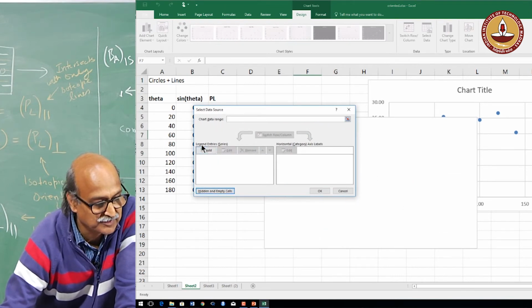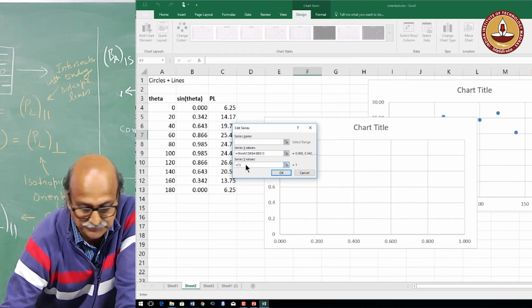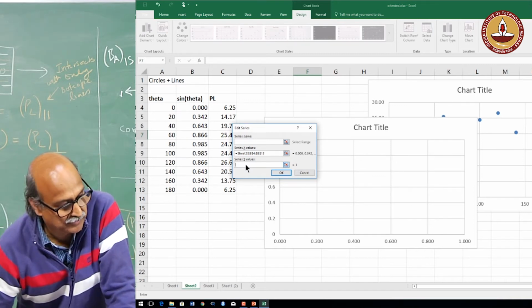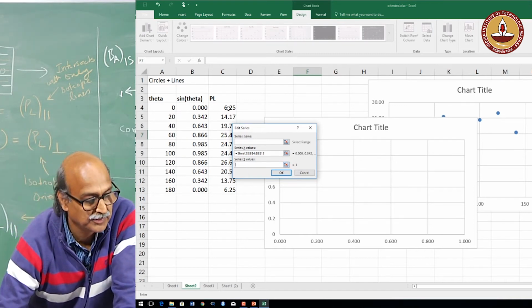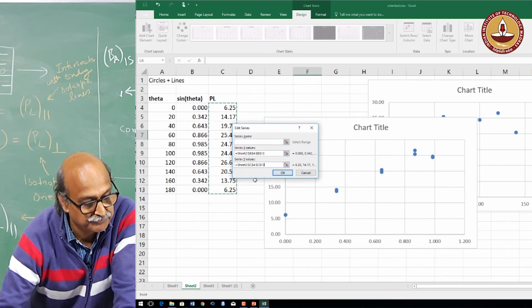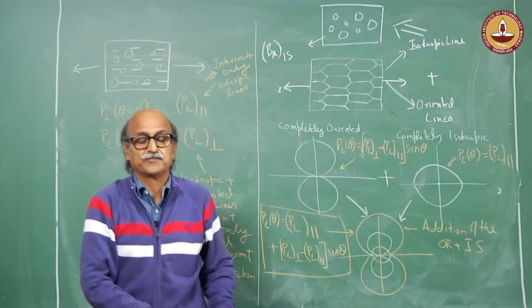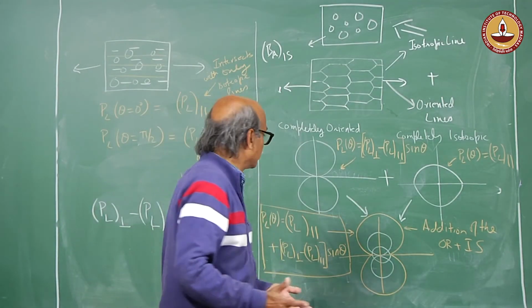Let me remove this. Add x values should be sin theta and y values, yeah. So, I get these data points. Again, I should get a straight line.